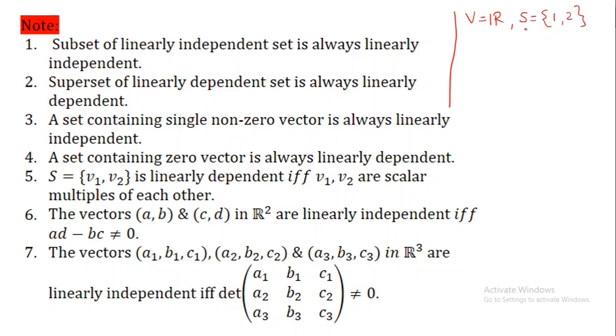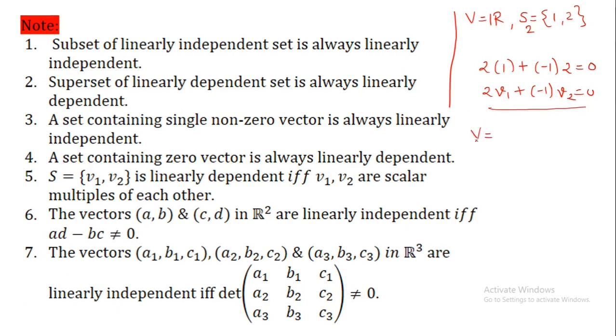Now this set was linearly dependent, right? So there is some relation between these two vectors, and we did find that relation, and the relation was 2 multiplied by 1 plus minus 1 multiplied by 2 is equal to 0. That means twice V1 plus minus 1 V2 is equal to 0. This is called the relation between V1 and V2.